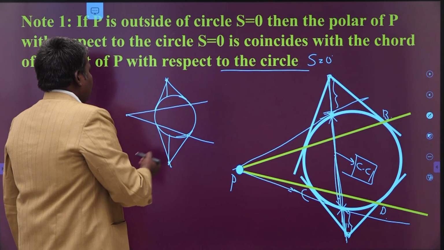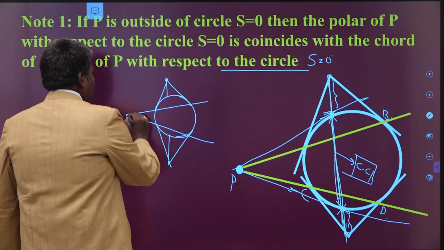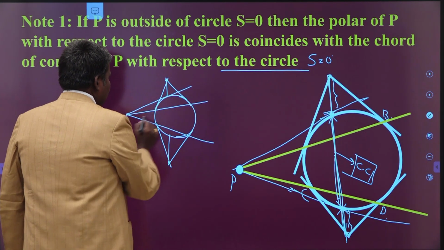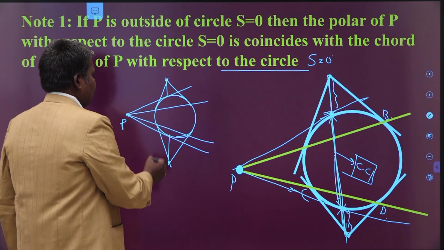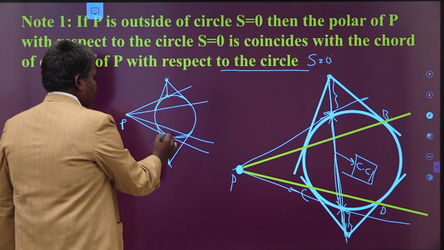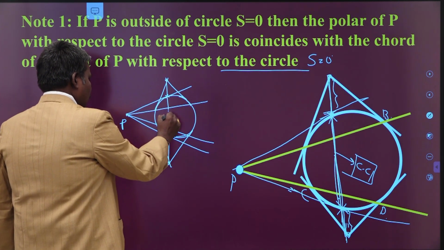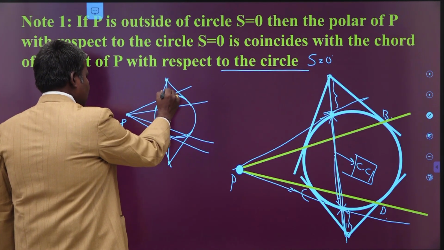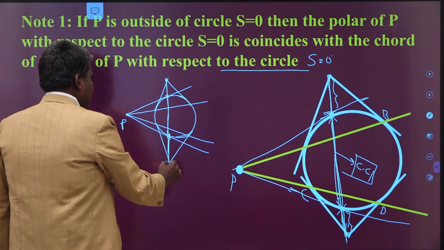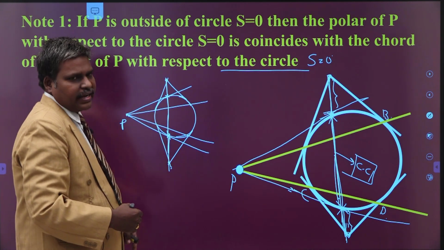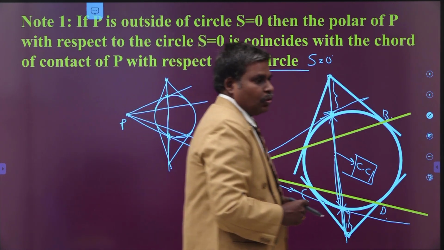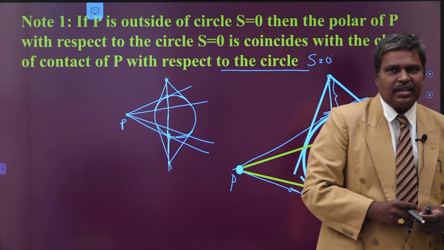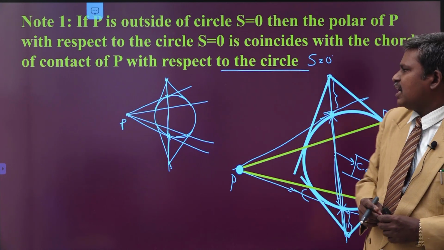Now to write the chord of contact, draw the tangents through this point. These are the tangents drawn from the point P to the circle. They touch the circle at these points. Join these two points, you draw a secant line. That becomes the chord of contact. Your chord of contact coincides with the polar of P. This is case 1. So for point P outside of the circle, the polar of P coincides with the chord of contact.